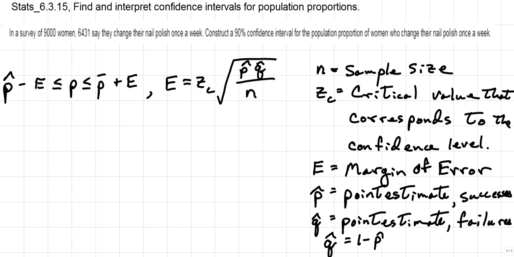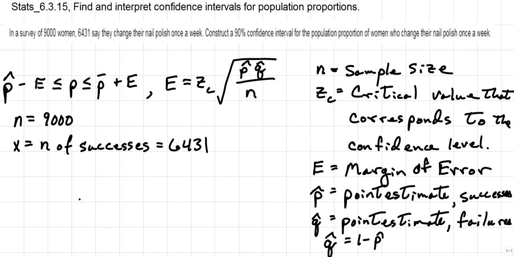So let's start by defining n. In this particular case, n is 9,000. We're also going to define x, which is going to represent the number of successes, which in this case will be equal to 6,431.